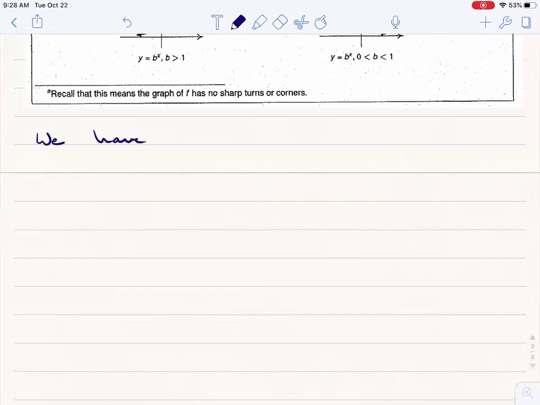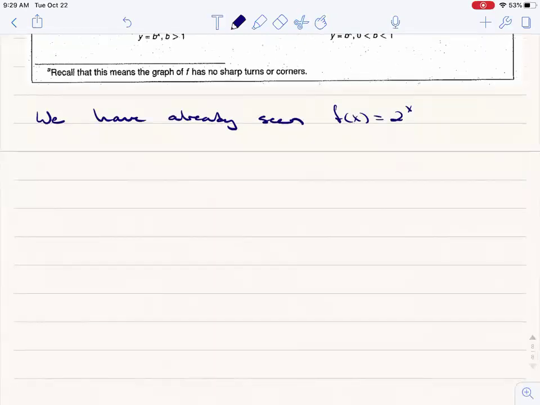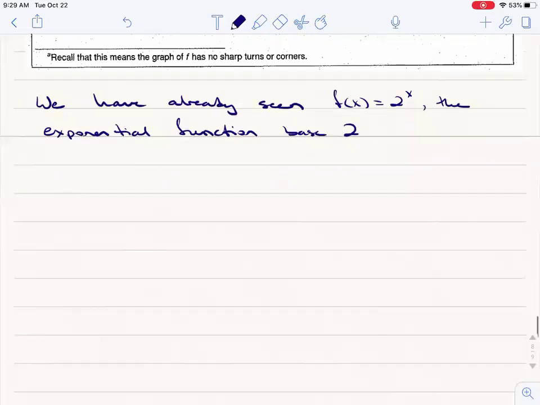We have already seen f of x equals 2 to the power of x, the exponential function base 2, which is important in computer science, I will say that.